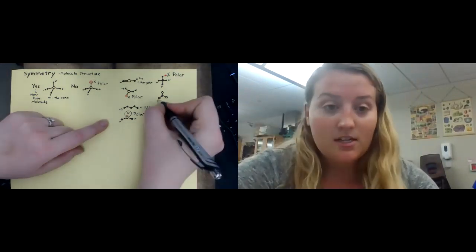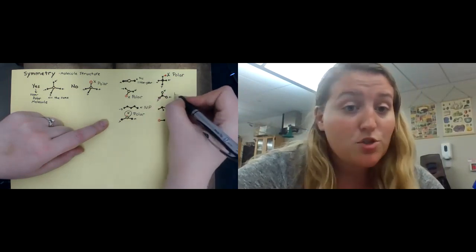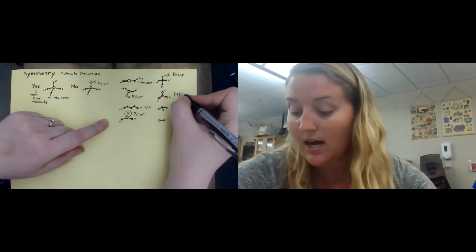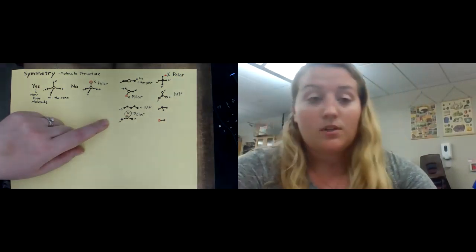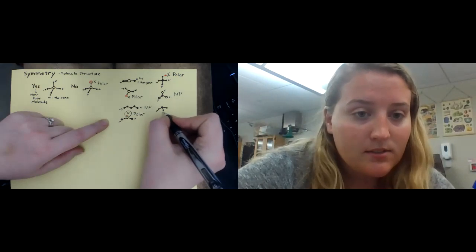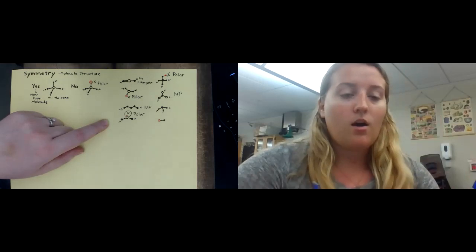Taking a look at this next one here, everything from the central atom is the exact same. There's no lone pairs or anything like that. This one is symmetrical, so it is nonpolar. This one here is one of those tricky ones. You have to watch out for this one.